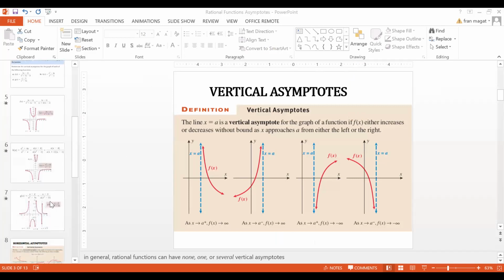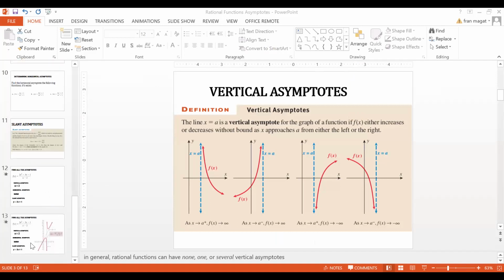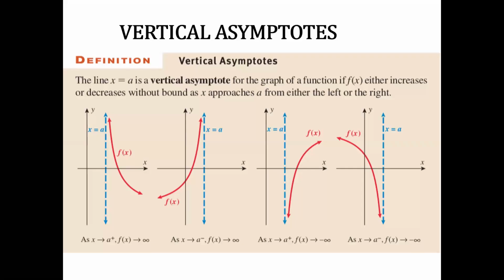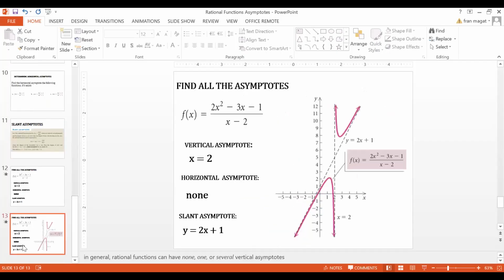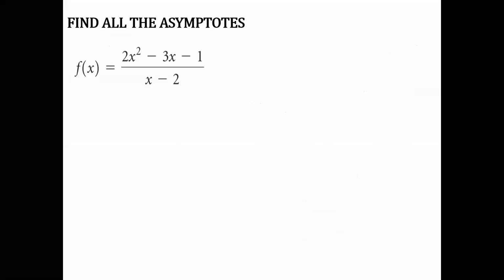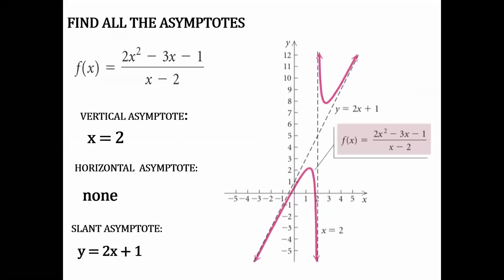So we are now on the last slide, the slant asymptote. That's it for all the asymptotes. Again, for the vertical asymptote, you equate each factor of your denominator to 0 after canceling the common factors.